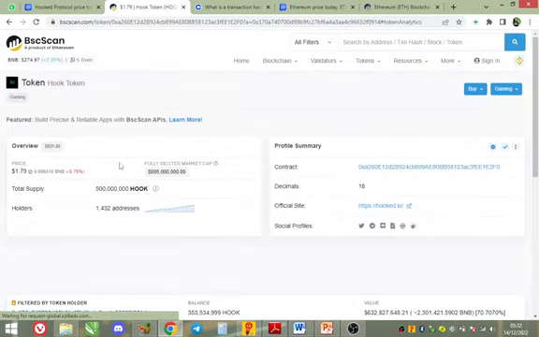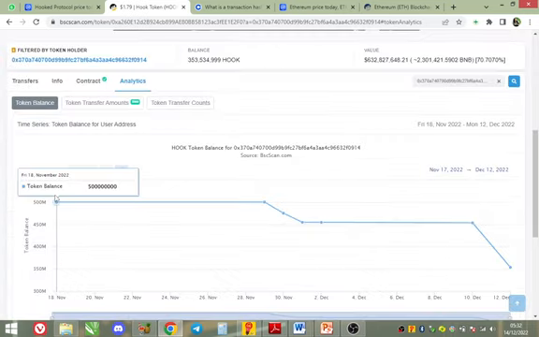When we click on it, we can see that the holders have been holding this token. From the top, we have Friday 18th November. They started holding 5 million worth of this token, which is the actual total supply of this hook token.